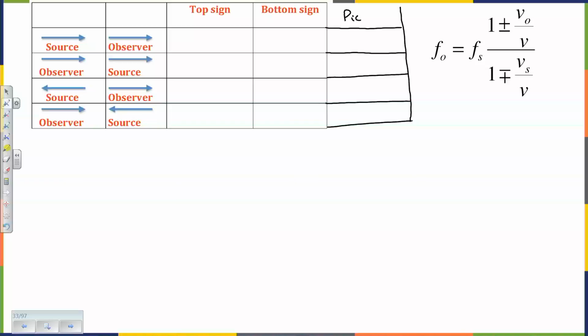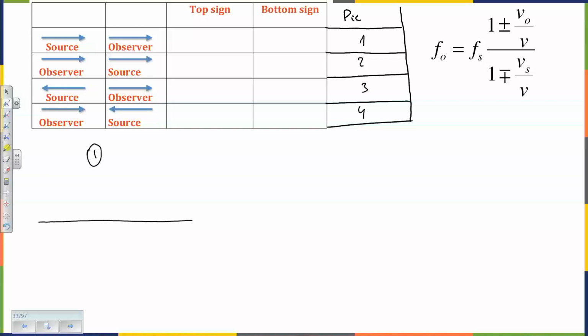It's too much, not enough space, so I'm going to call them 1, 2, 3, 4, and I'm just going to draw a picture one. We can choose a source to the left of the observer, we can choose an observer to the left of the source.